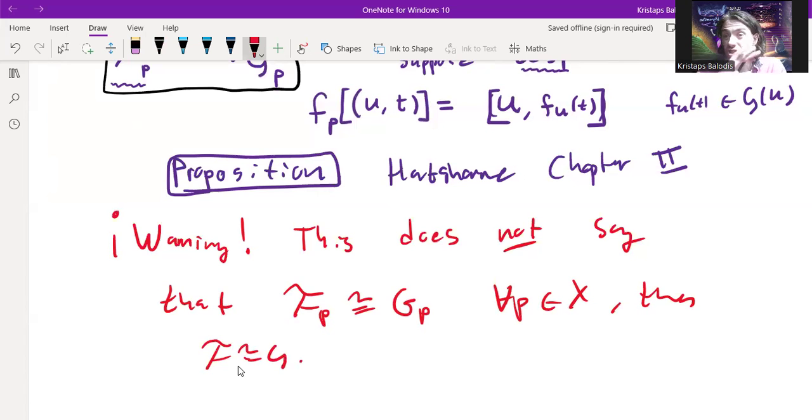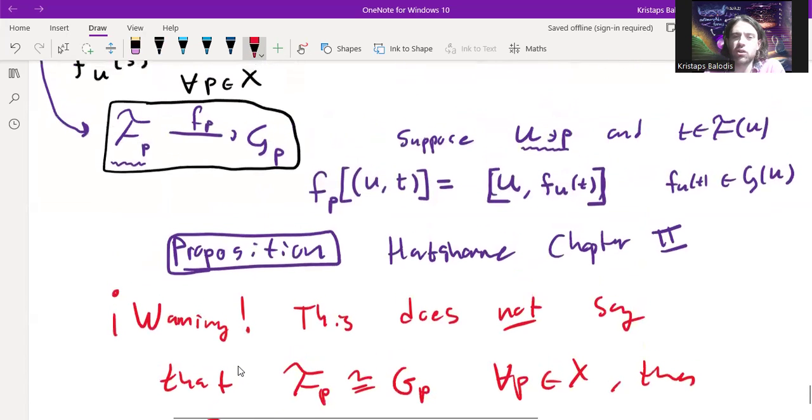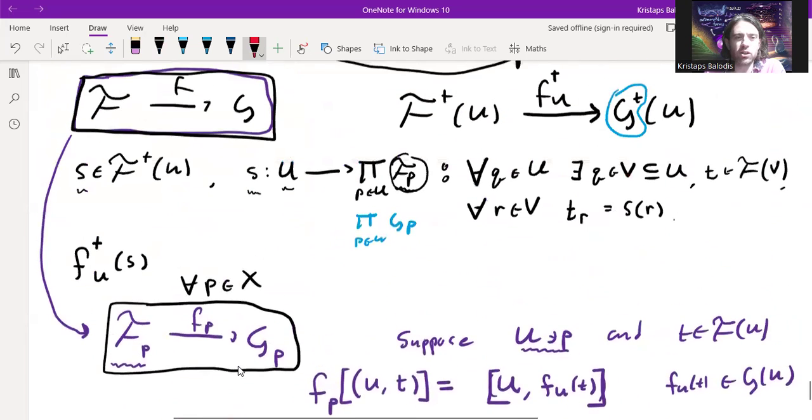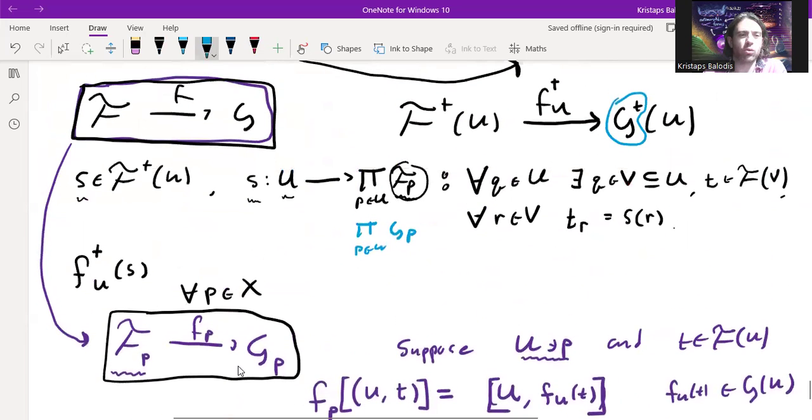It does not say that. It says specifically you need to start with some globally defined pre-sheaf morphism, and then if the induced map on all of the stalks is an isomorphism, then your original thing was an isomorphism.